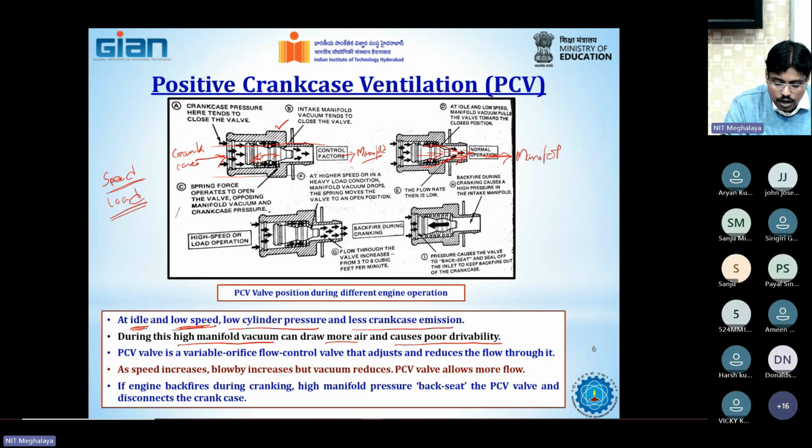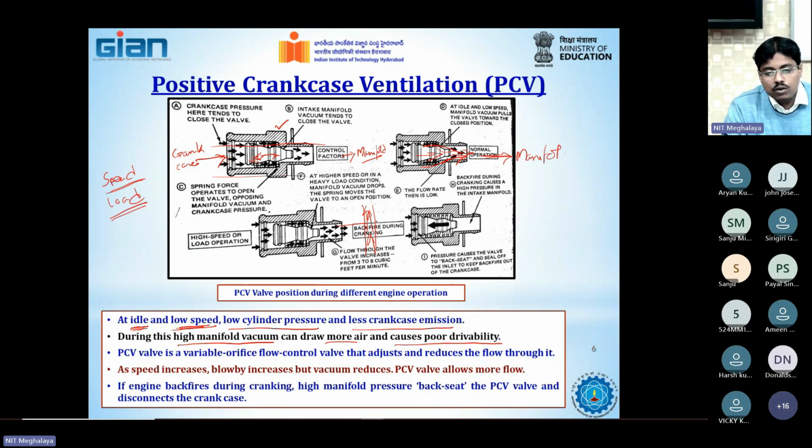Now let us come to the medium to high speed condition. When the engine operates from medium to high speed, the mass flow rate through the manifold increases. The amount of mass passing through the manifold increases. Why? Because now you need to lean the engine operation, because the engine is warmed up.